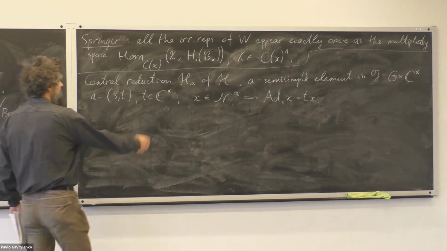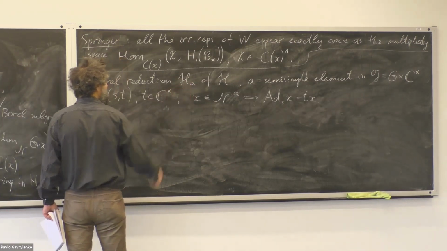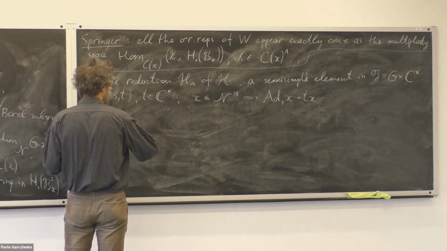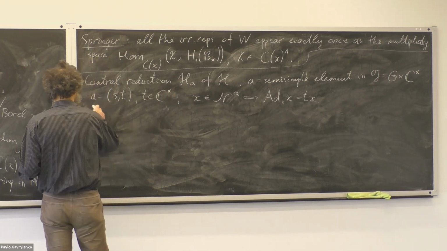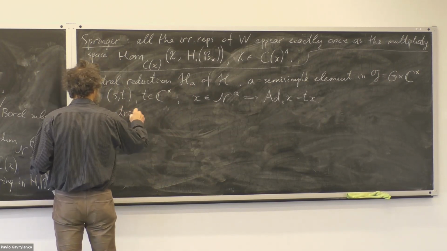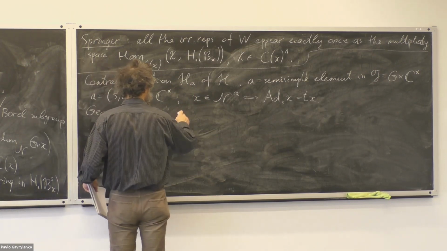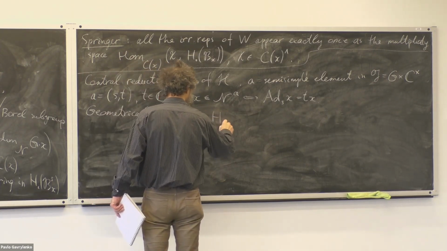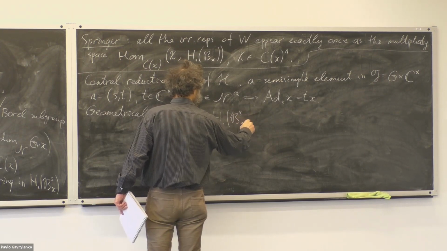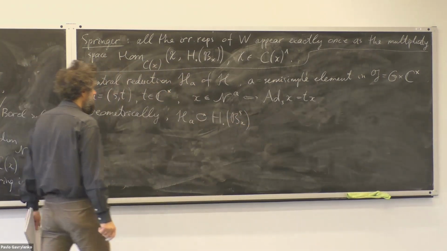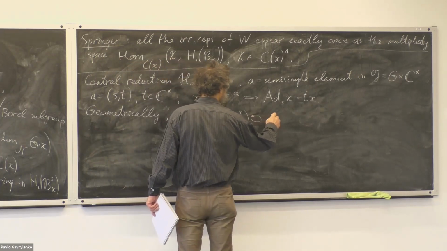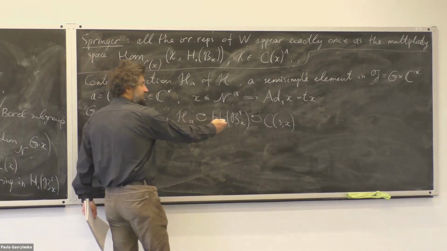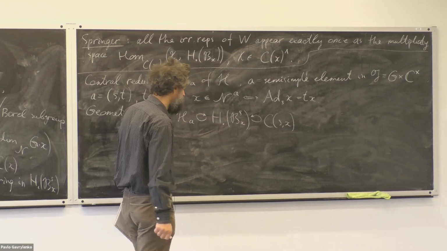Okay, and now we're after representations of this central reduction, and we'll start just geometrically. The central reduction acts on the Borel-Moore homology of this simultaneous fixed point set. And it commutes with the action of the component group. And in particular, it acts on all the multiplicity spaces of this component group.